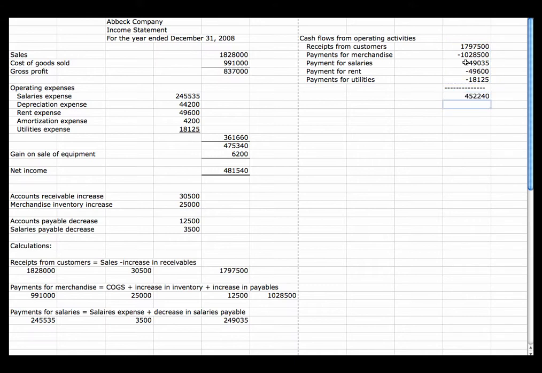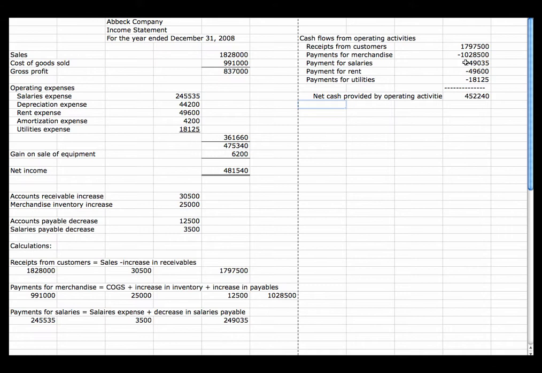So therefore, our net cash provided by operating activities is $452,240. So let's make sure this is in good form. Such as that. So that's exercise 12.7.